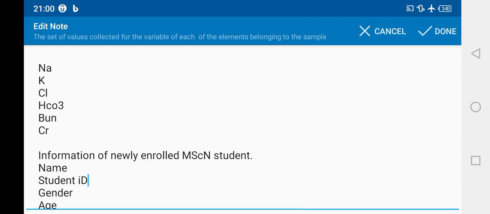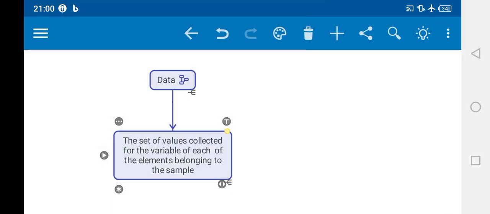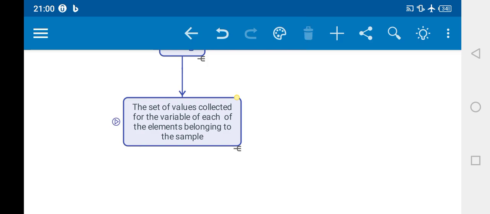Let's understand with another example, which is the information of newly enrolled MSCN students. This is a data set and it contains variables: name, student ID, gender, age, year of experience. So now you can understand the data: the set of values collected for the variable of each of the elements belonging to the sample.